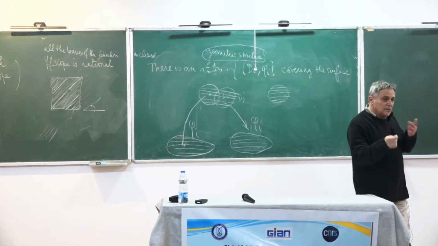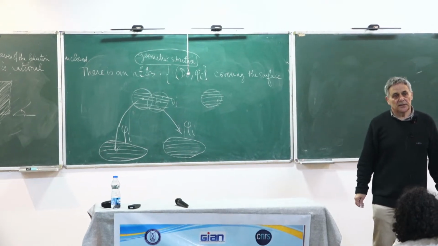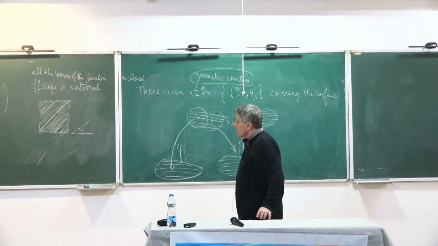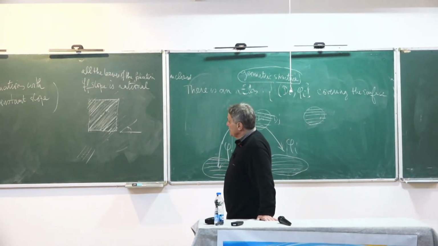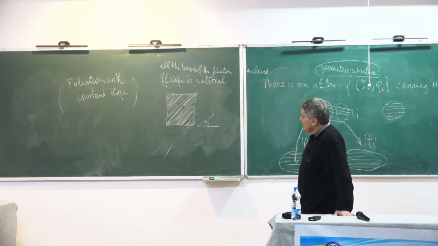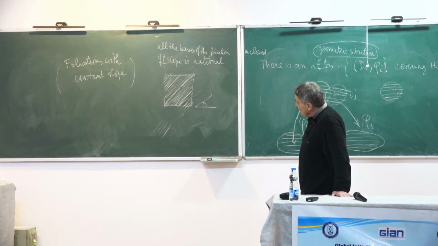Our goal now is to do similar things on surfaces of higher genus, right? This is what I want to do. So what do I want to say more about the torus case? So on the torus, we know that there exist such foliations.